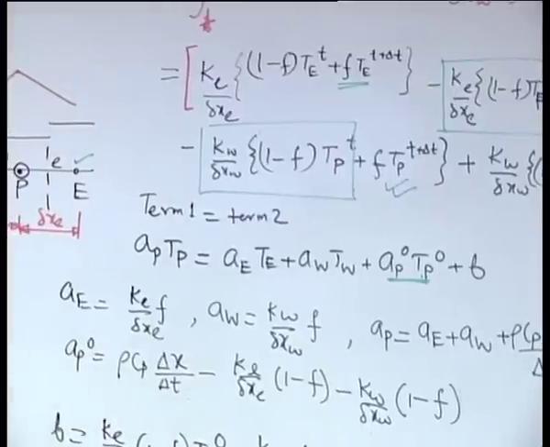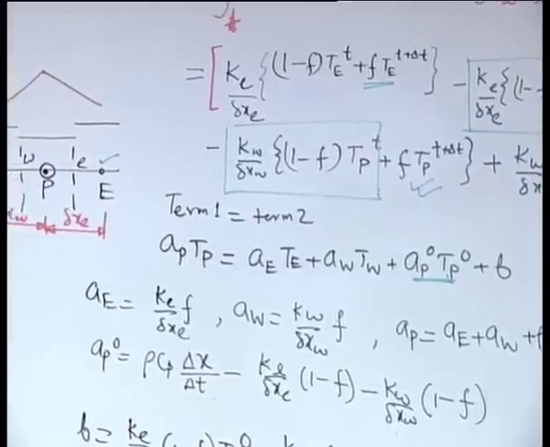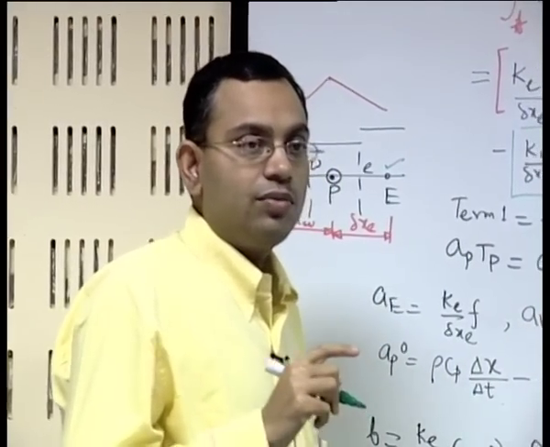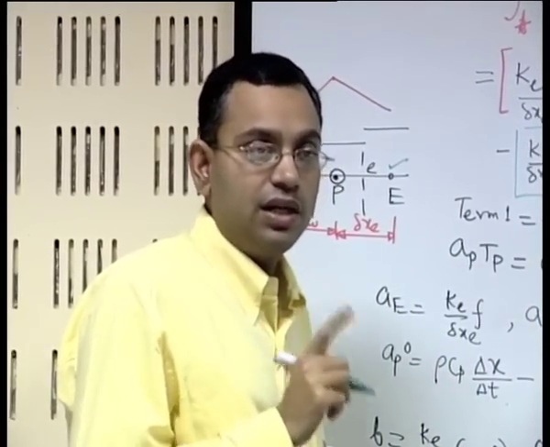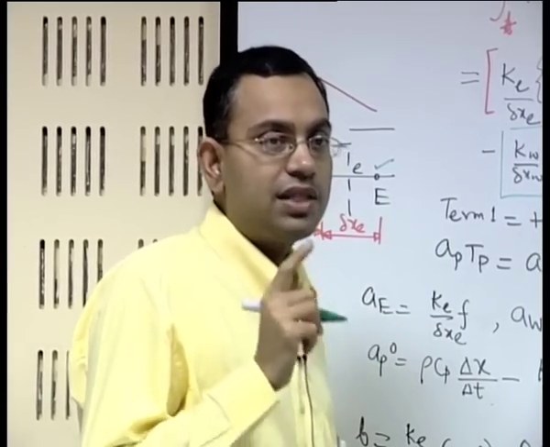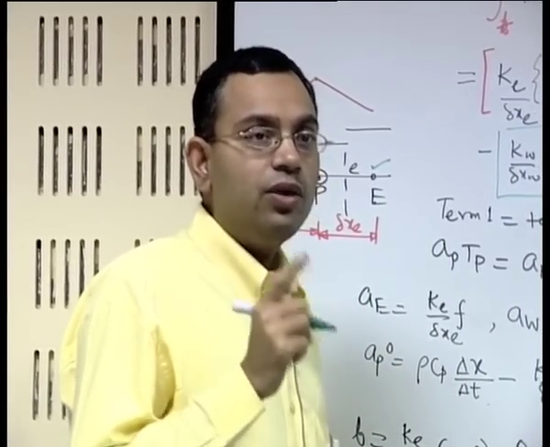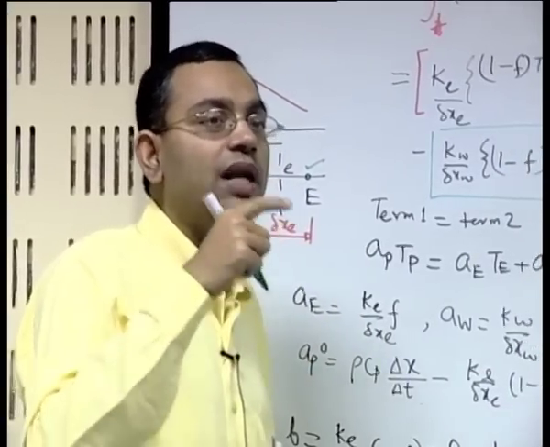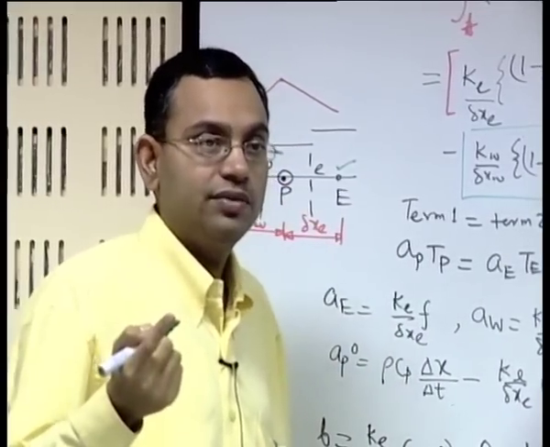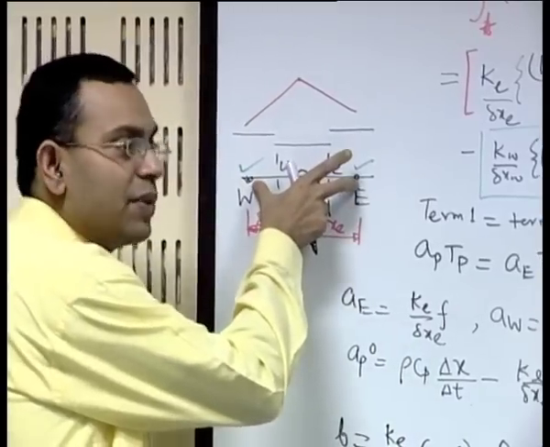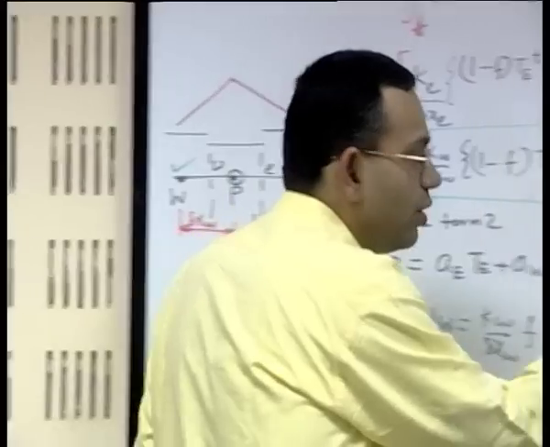So, it is the effect of the time neighbor at time t, and only one time neighbor we are considering, because whatever is at t plus delta t is going to be influenced by what has happened at time t, but not what will happen at time t plus 2 delta t. That is why there are two space neighbors but only one time neighbor.